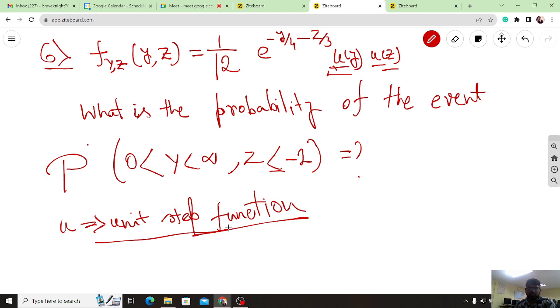So can I know if z is less than or equal to minus 2, or z is less than minus 2? Less than or equal to. Okay, thank you.